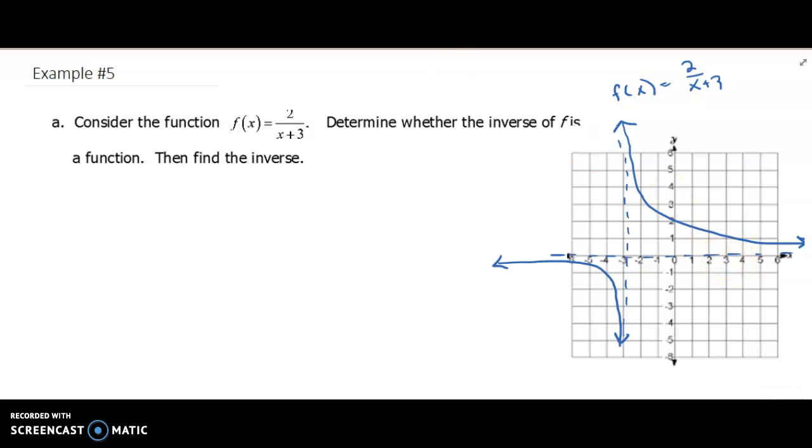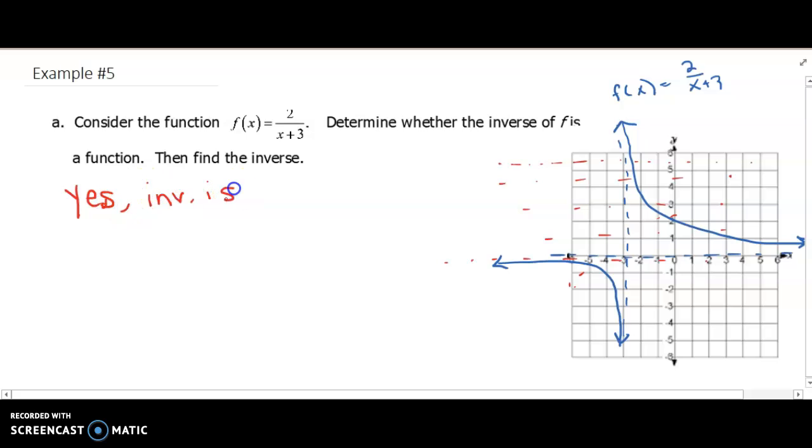The horizontal line test says that if I can draw any horizontal line in this graph, all the way through, that intersects the graph more than one time, then it fails the horizontal line test. As you notice, there is no horizontal line I can draw that would cross this graph more than once. Therefore, I can say yes, the inverse is a function.